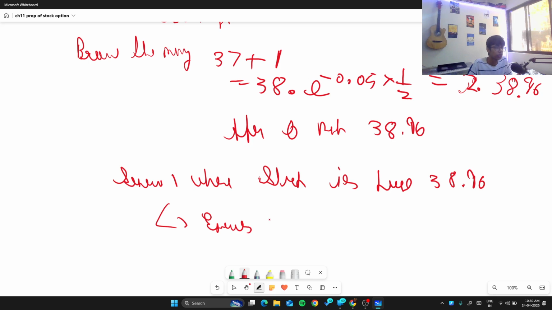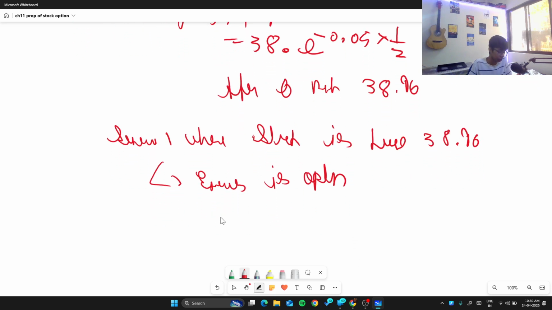The strike is 40, so if the stock price is less than 40, he will exercise the option.